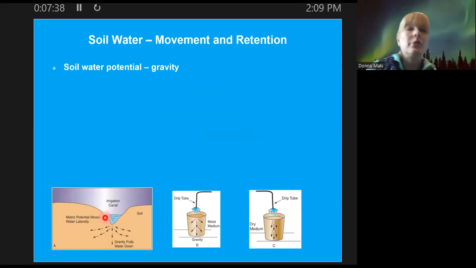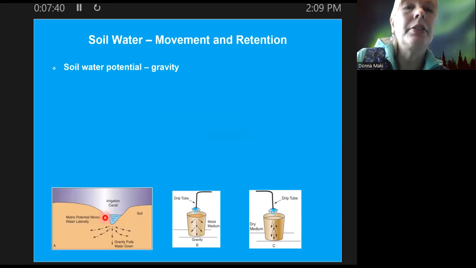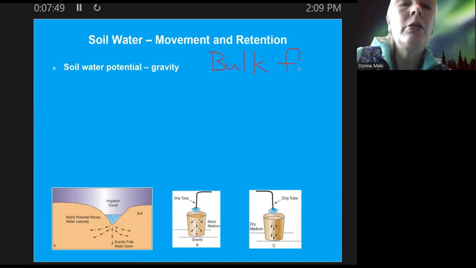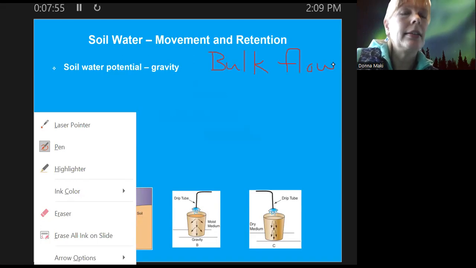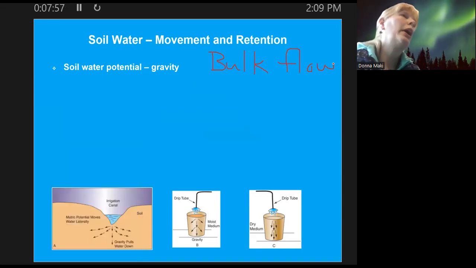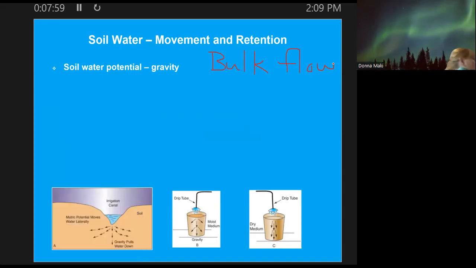They often refer to the movement of water in the soil or in the plant. They'll use the word bulk flow. Bulk flow, F-L-O-W, we're looking at the idea that water molecules, because they like to bond with each other, to have that cohesion, tend to move as a solid mass of water.